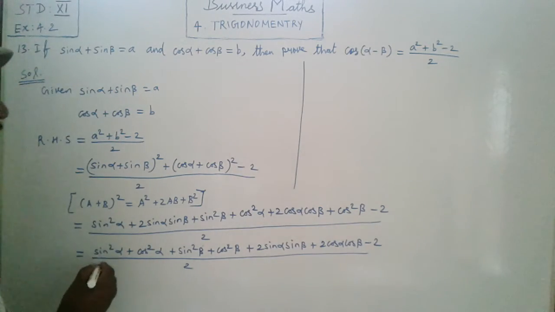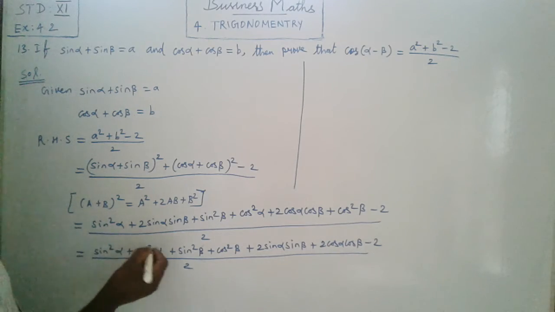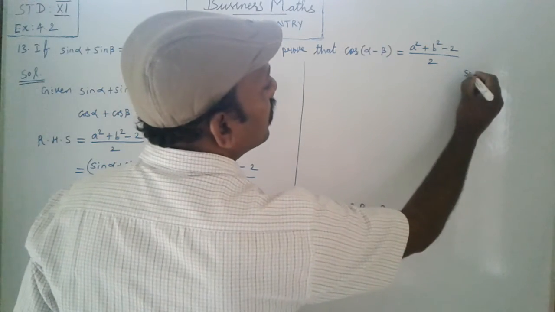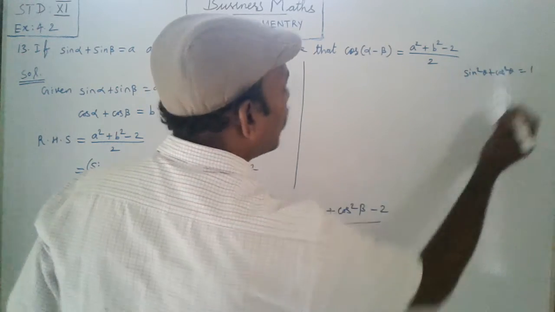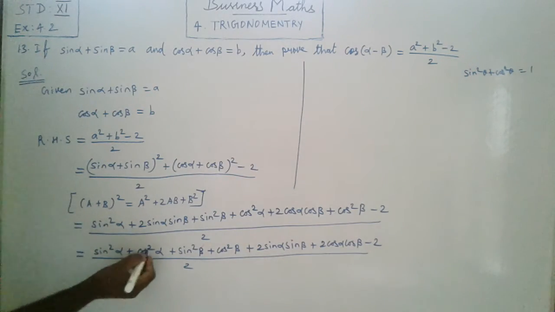So we know the formula sin square theta plus cos square theta equal to 1. So sin square alpha plus cos square alpha, its value is 1.